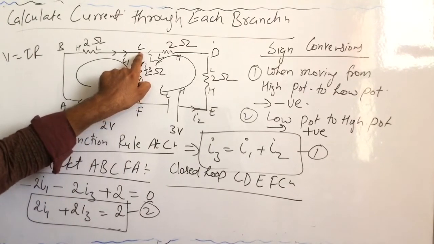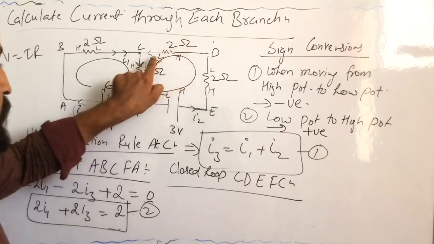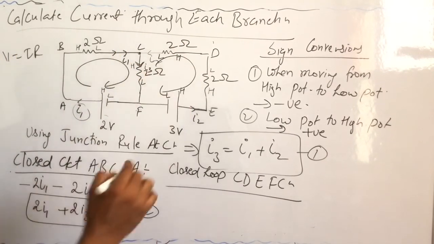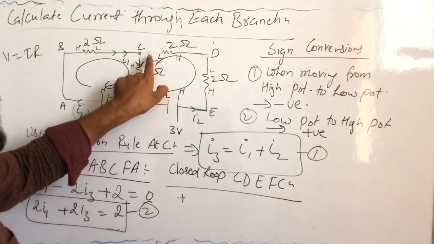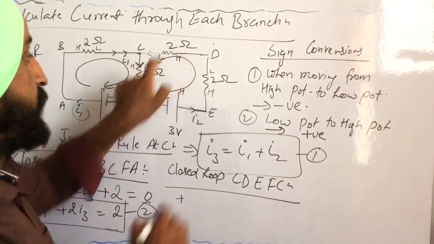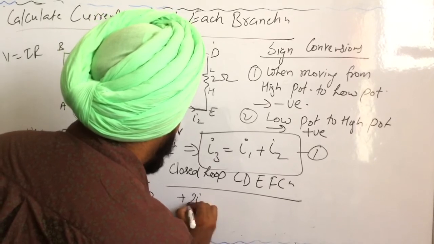So starting from C, I encounter the 2 ohm resistance. So what will be the potential drop across it? See, I am moving from L to H. That means lower to higher, the sign will be positive, and the current I2 is passing through the resistance of 2 ohm. So I would be writing I2 into 2.